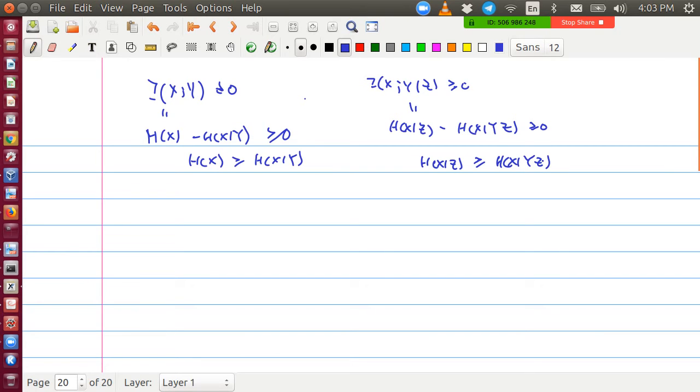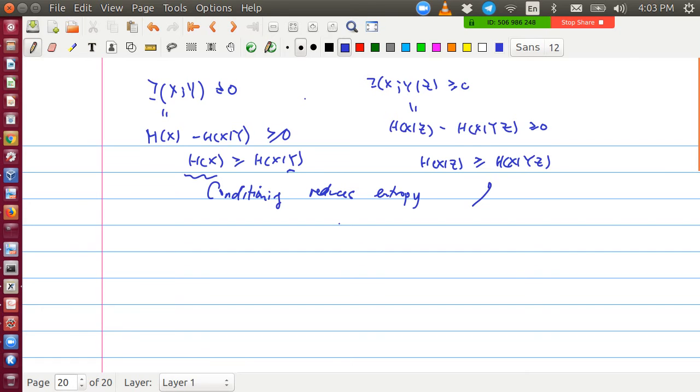So this kind of inequality is sometimes referred to as conditioning reduces entropy. Right. So if you have some random variables and you try to estimate its entropy, now if you know some extra information, for example you know Y, then the uncertainty of the random variable you are looking at will of course decrease, given the new information.